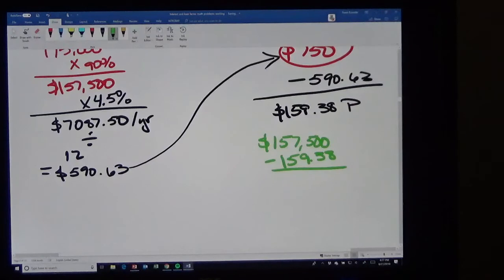And that gives us a new loan balance after one payment of $157,340 and 63 cents. $157,340 and 63 cents. That's after payment number 1.